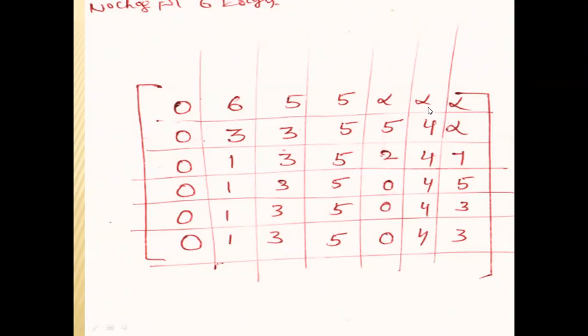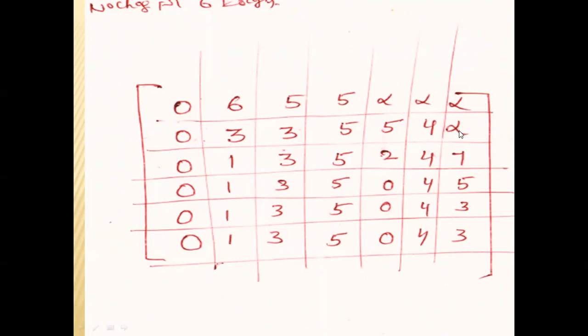Same. Next one is 1 to 6. In 1 to 6, there is no direct connection. Next, 4 represents that there is a shortest path from 1 to 6 by using only 2 edges, that is 4. Next, there is no shortest path by using 3 edges, 4 edges, 5 edges, and 6 edges.